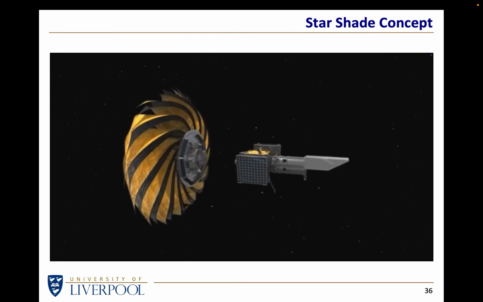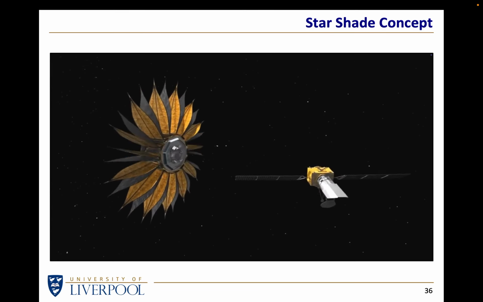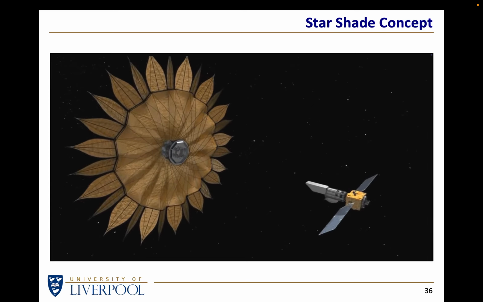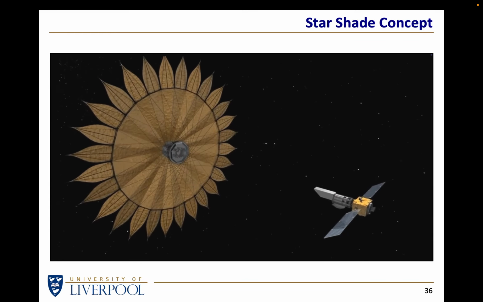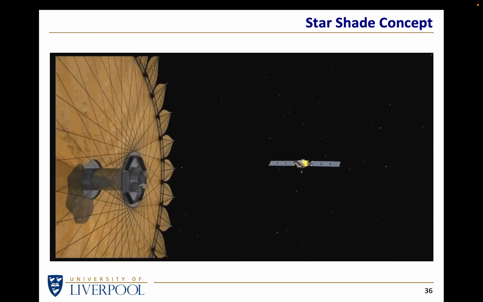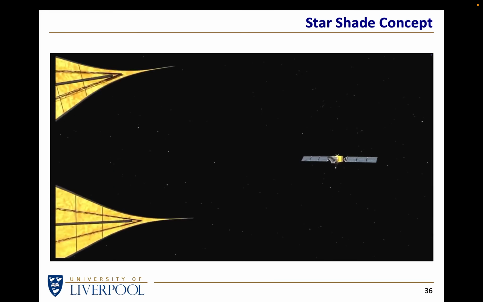That's a star shade which detaches from the telescope and then unfurls itself to produce not a tiny little disk, but an absolutely huge disk about 100 meters in diameter, which is then flown 50,000 kilometers away and blocks the star from a huge distance.